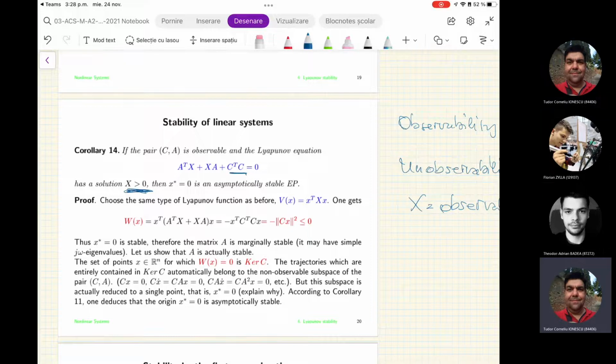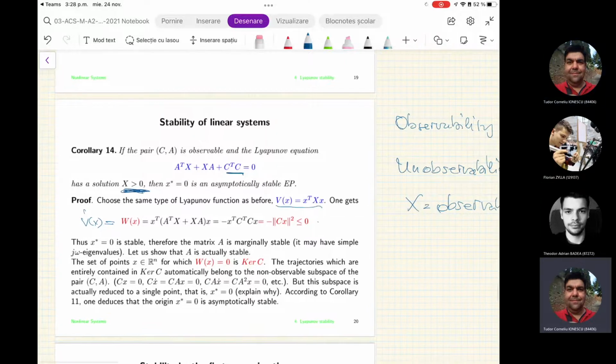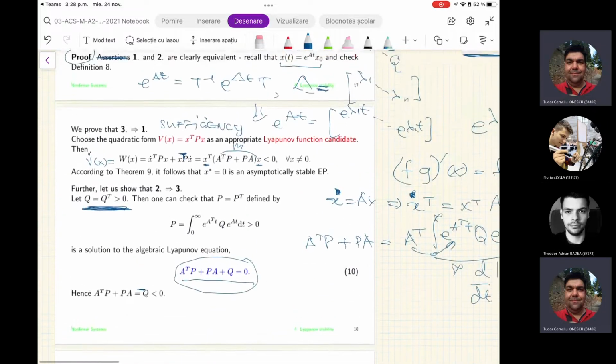Okay. So what you do now, essentially, you take this Lyapunov candidate function and we assess stability. So we compute V dot of x, which is called W of x. We do what we just showed in the previous case, similar to what we did here.